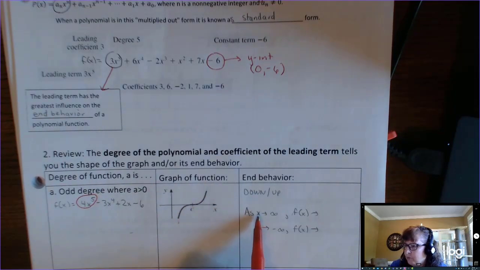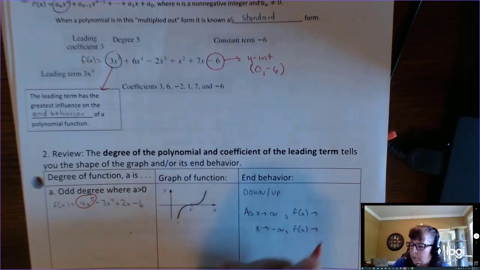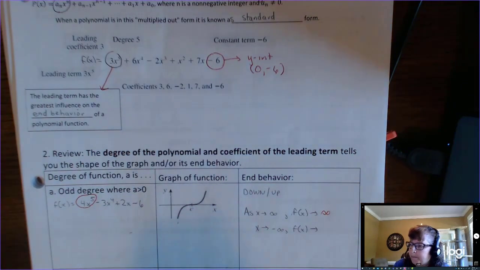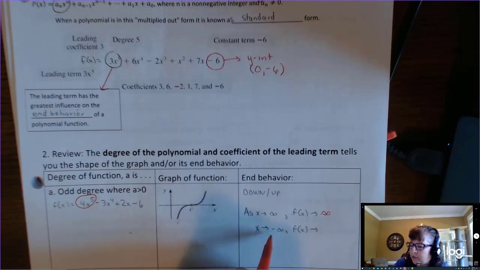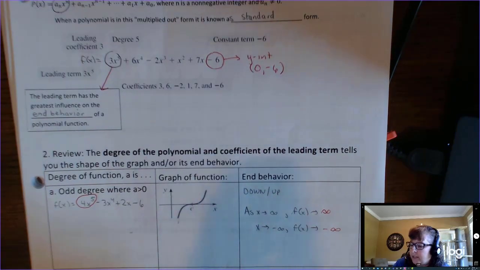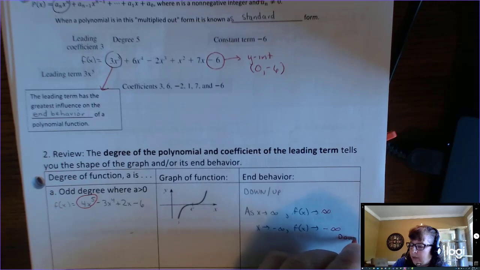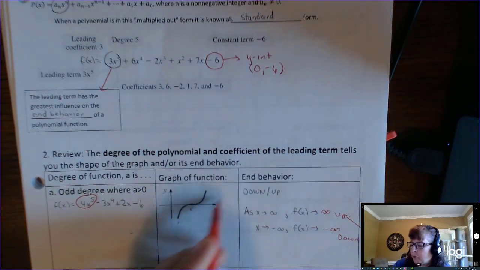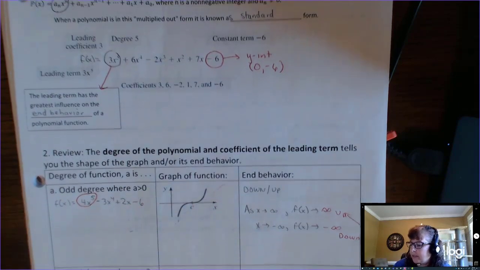And this is review. That means that as x goes to the right, the y coordinates are going to head towards positive infinity. And as x goes to the left, or as x goes to negative infinity, the y coordinates are going to go to negative infinity. So that's where the down-up comes from. But you go left to right, so down and then up.